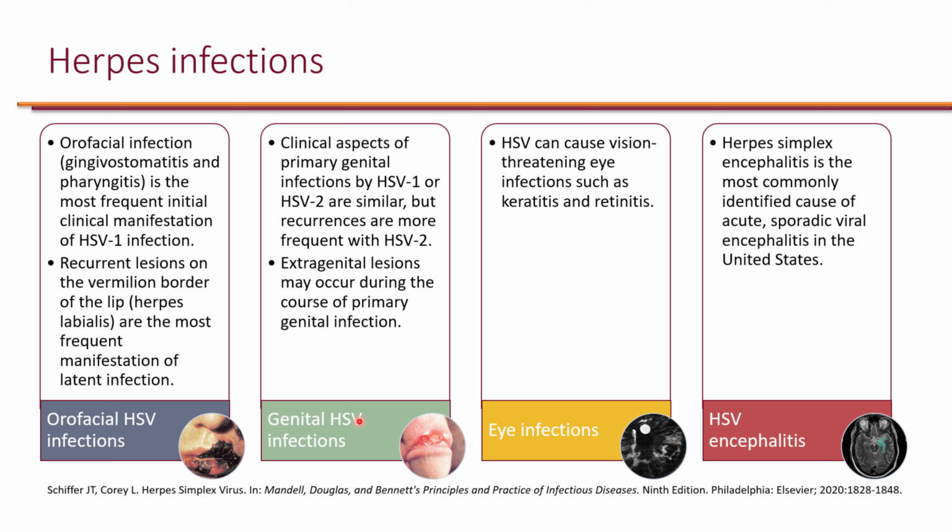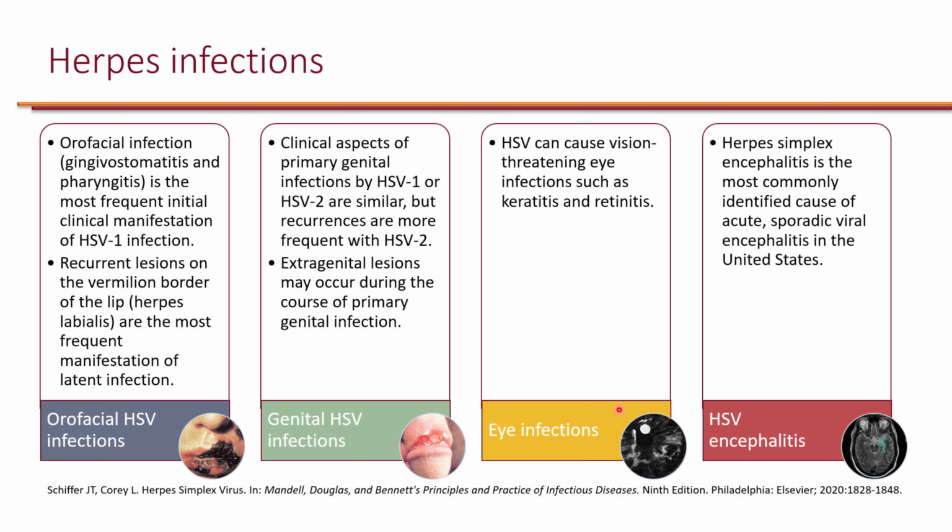Now, another thing to note about this virus is that although someone may have genital HSV infection, it may not necessarily be limited to that region. So even if the route of transmission was sexual transmission, extragenital lesions may occur during the course of primary genital infection. So extra means outside of the genital lesions.